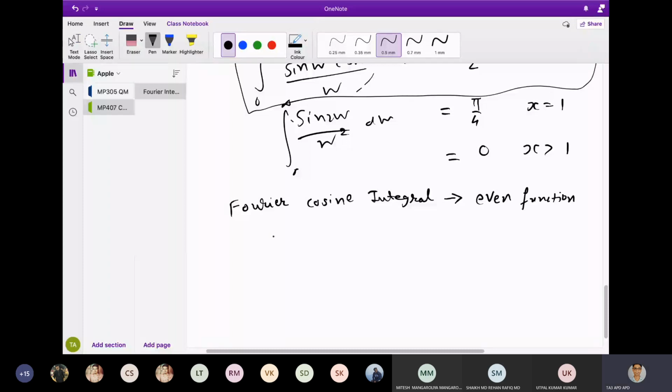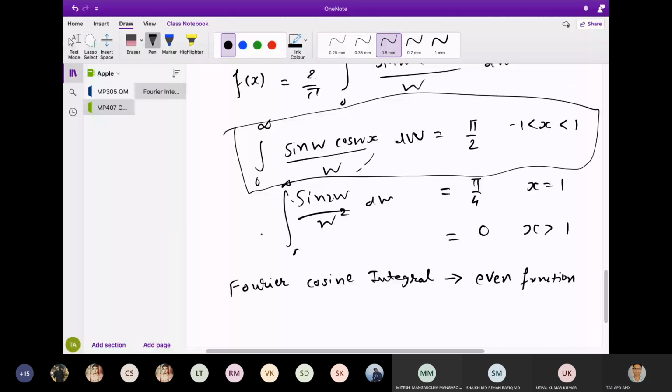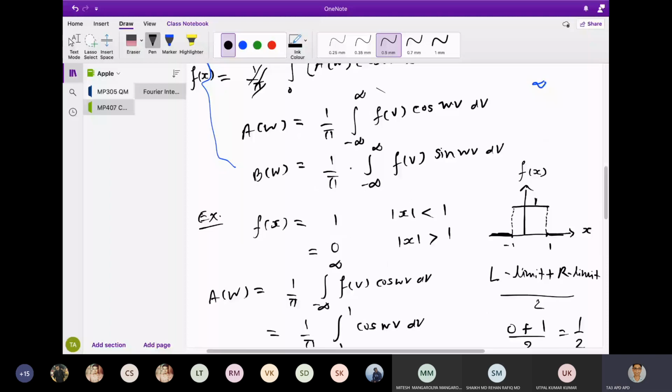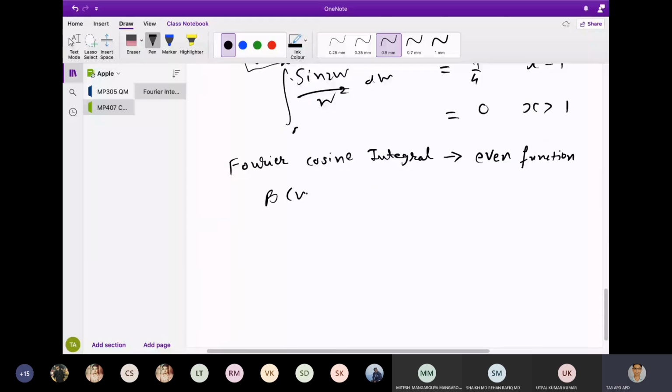So if your function is even, then in our definition of this integral that we have seen, this one will become 0. The coefficient b, for the Fourier cosine integral, is going to be equal to 0.